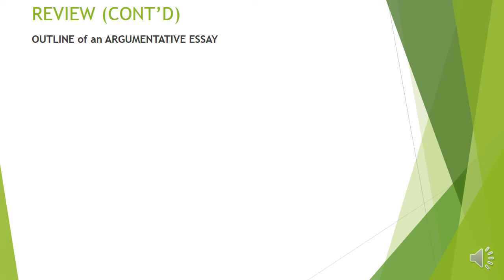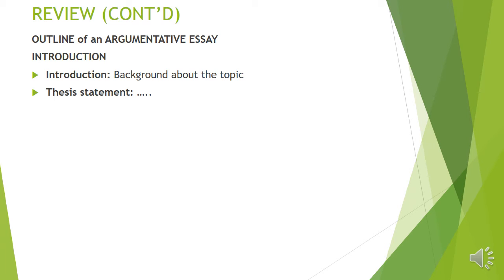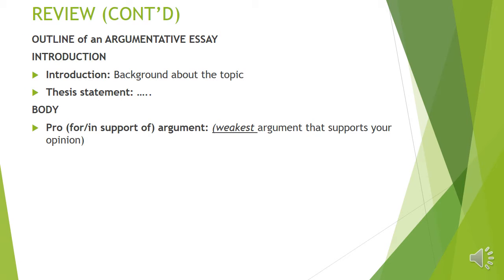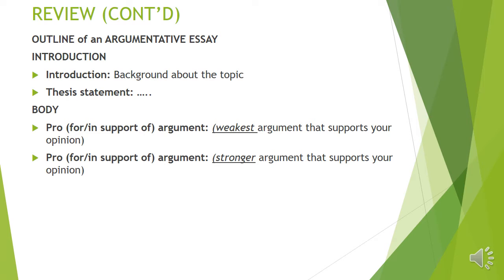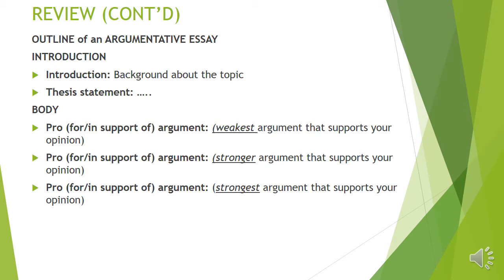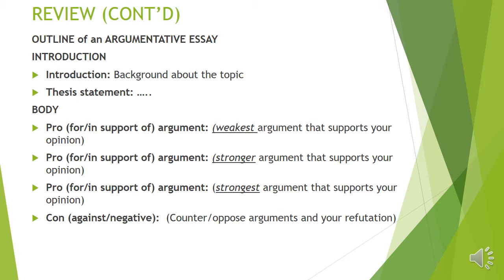Outline of an argumentative essay: introduction, consisting of introduction, background, and a thesis statement. Body, pro: arguments in support of your opinion. You may start from the weakest argument that supports your opinion, then a stronger argument, and the strongest argument. And then con, which means that some other people have a different point of view from your ideas.